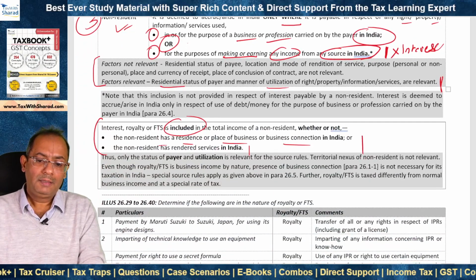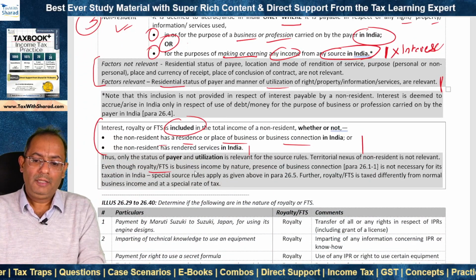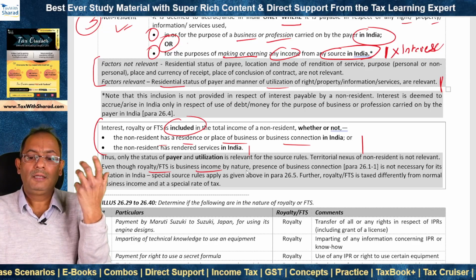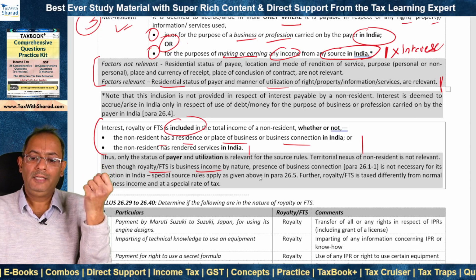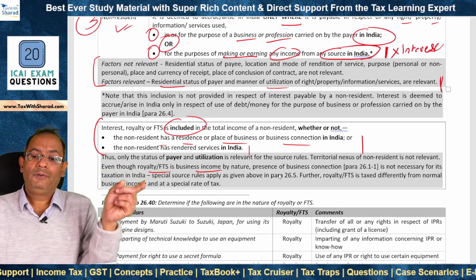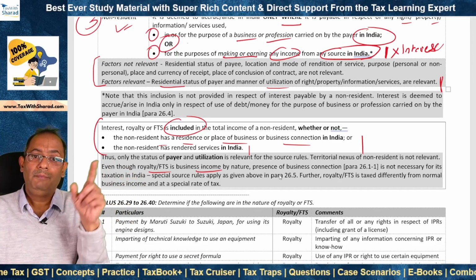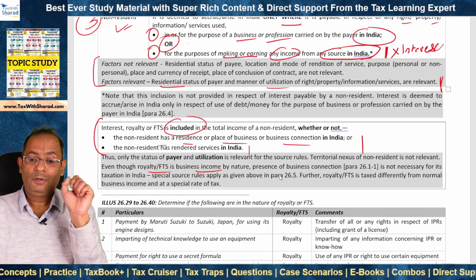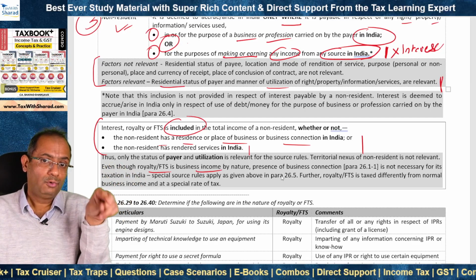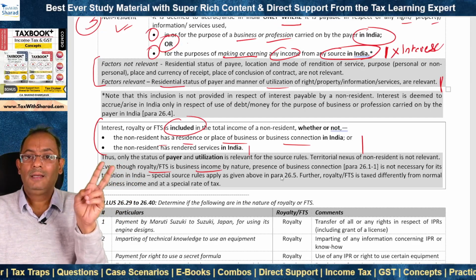And taxation happens. So even though royalty or FTS is business income by nature, and we saw that business income of a non-resident is taxable in India based on whether there is a business connection or not, when we talk about royalty or FTS, the special source rules which we just now discussed come into play.